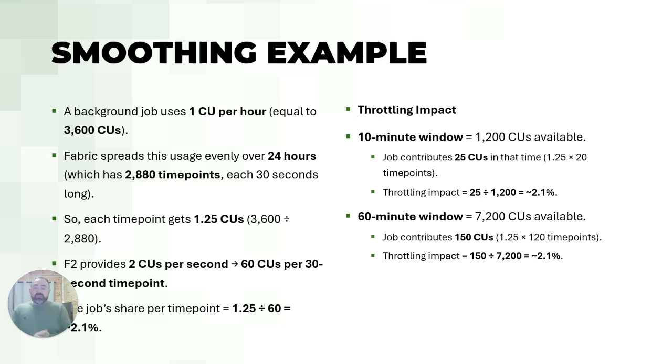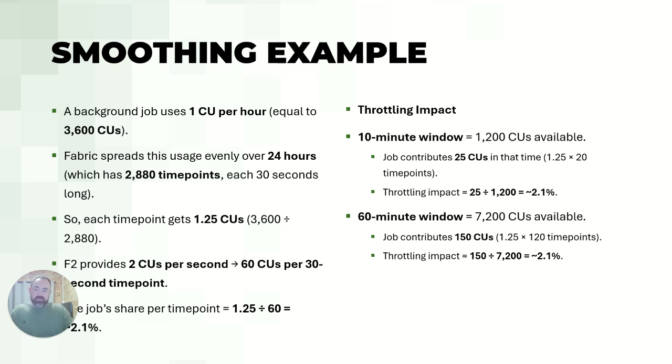So here's an example of smoothing. We've got a background job that uses 1 CU per hour, so that's equal to 3,600 CU per second. Fabric's going to spread those evenly over 24 hours, and remember we've got 2,880 time points, each 30 seconds long. So each time point's going to get 1.25 CUs per second.